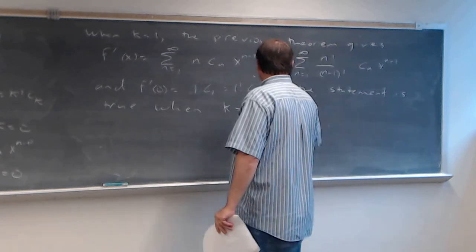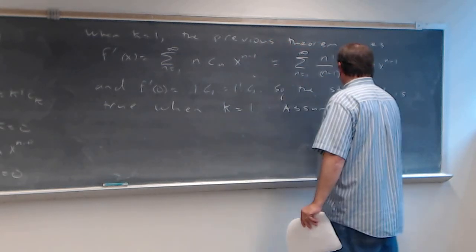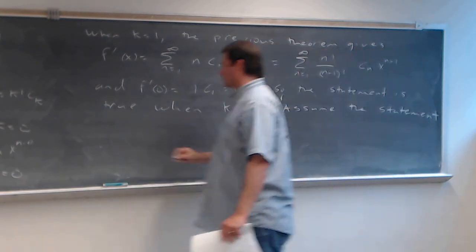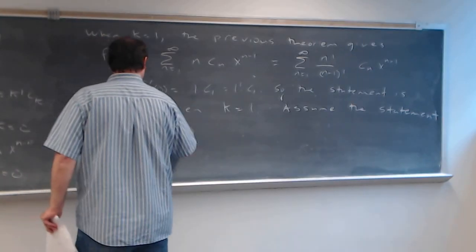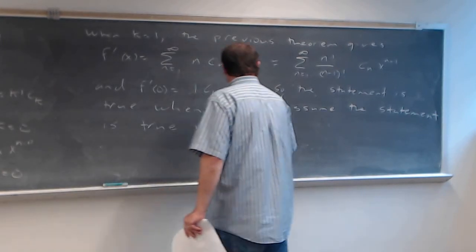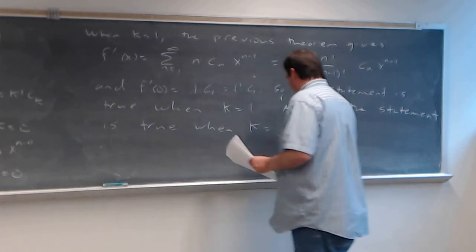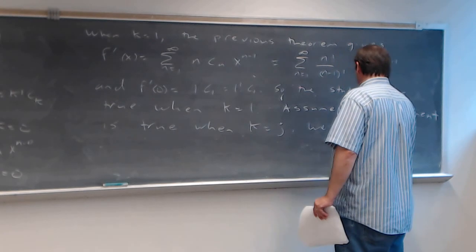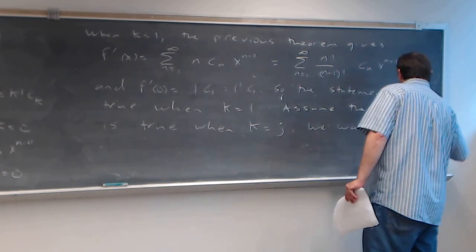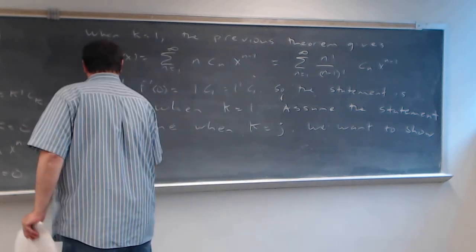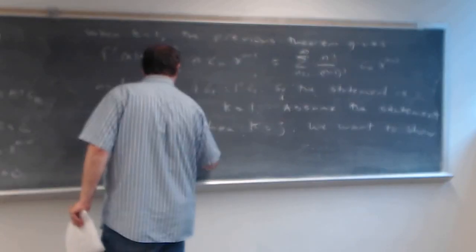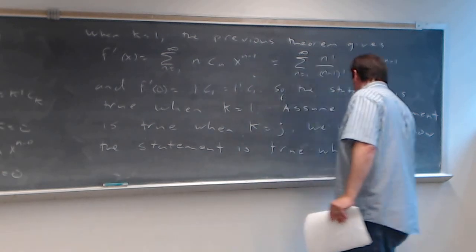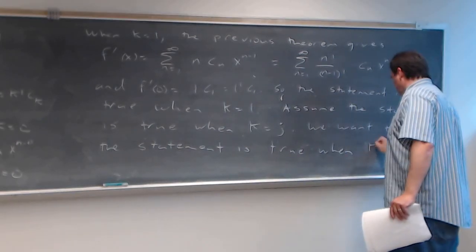Now we're going to assume the statement is true when k is equal to some fixed number, let's say j, and we want to show the statement is true when k is equal to j plus 1.